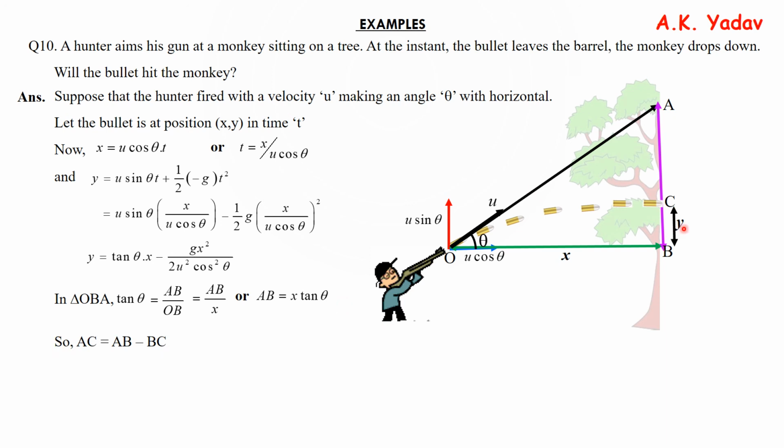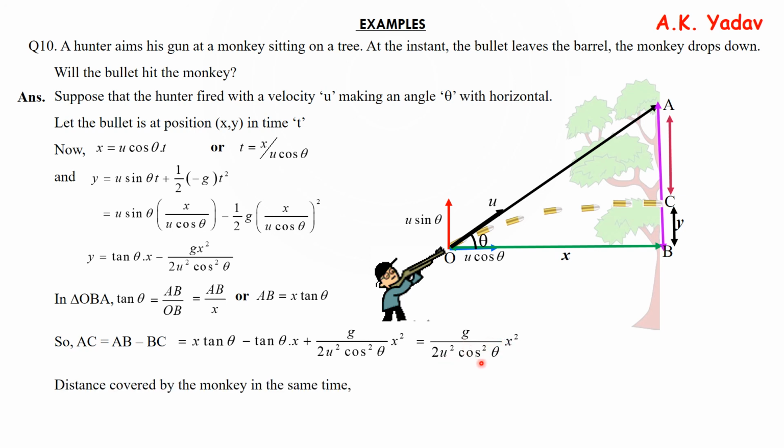Now what about AC? AC can be written as AB minus BC. Let us put the values, and on solving we get AC is equal to g x square upon 2u square cos square theta. Now what is the distance covered by the monkey in the same time? It is equal to AC.